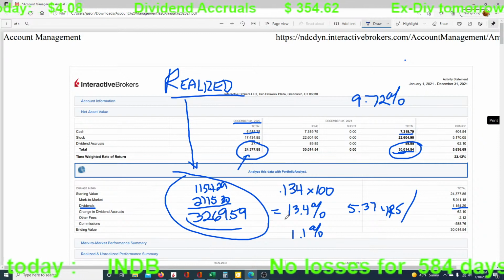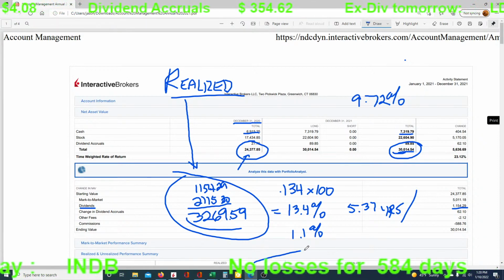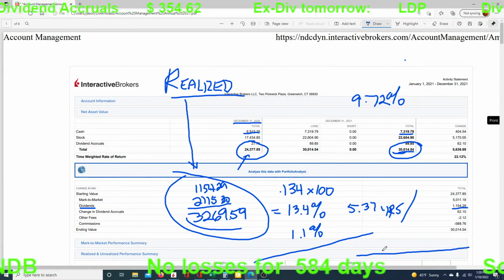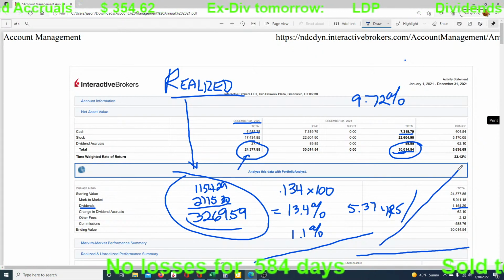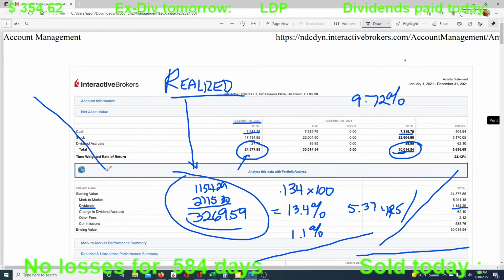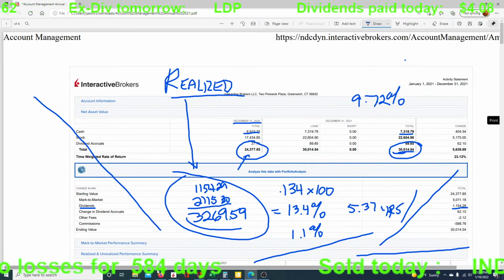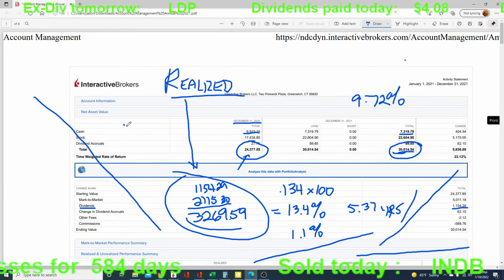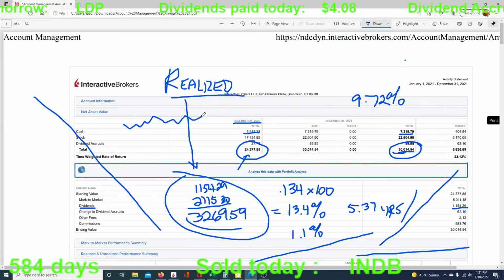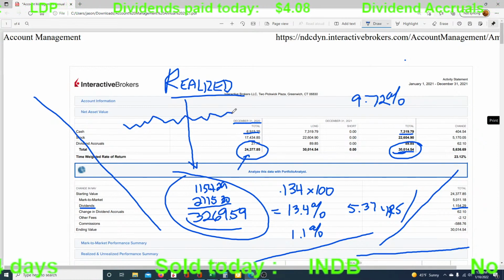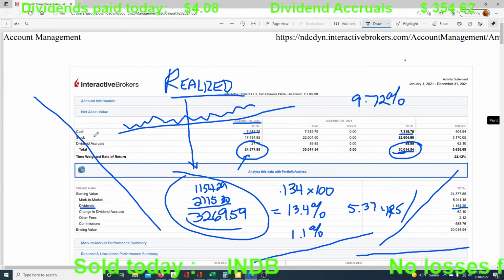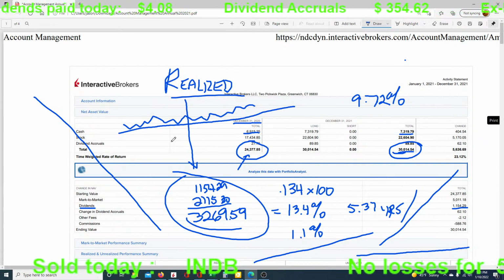So your curve will be like this. In down markets, it might be a little more like this. In really good years, it's going to be up like this. The whole idea is you don't want to see anything like this. You're going to have these little ups and downs in your performance, but the overall trend is the true trend you're looking for, your bottom line.